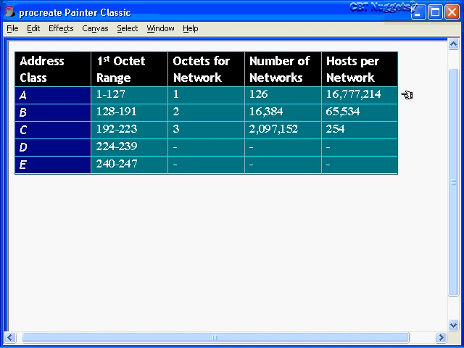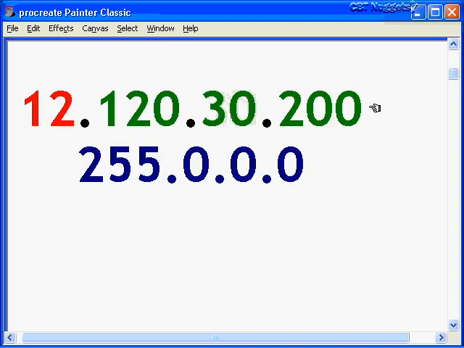That's a lot. Now, all of your modern operating systems and most of your applications can look at the value of this first octet. It can look at the bits, realize where the decimal falls, and know if it's a Class A, Class B, Class C, or Class D address. But another mechanism that we use mathematically to differentiate and set apart this particular network is what's called a subnet mask.